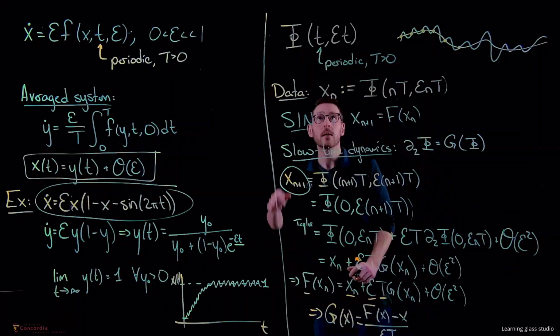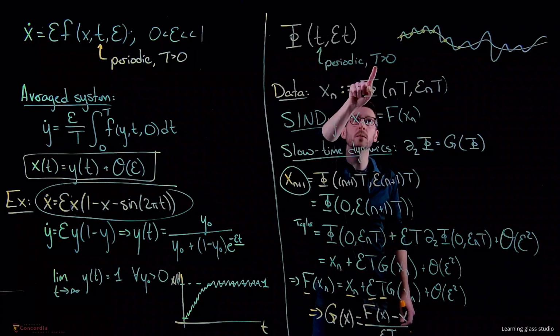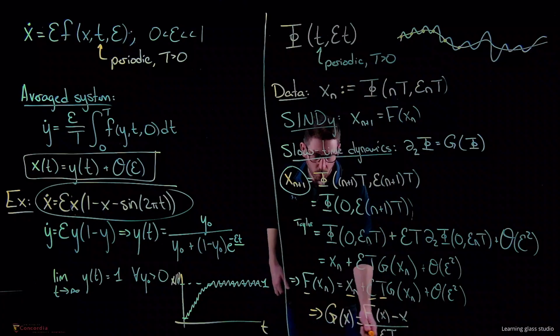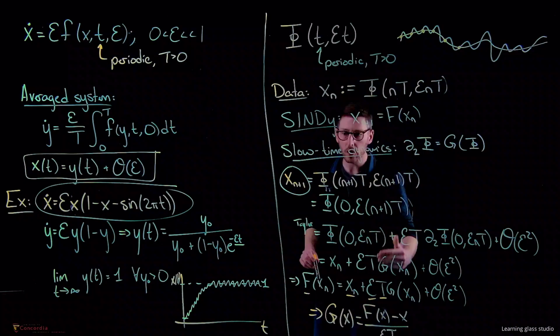That means that if you give me a signal and I know the period here, I can tell you what the slow background drift is going to be just by following this procedure.